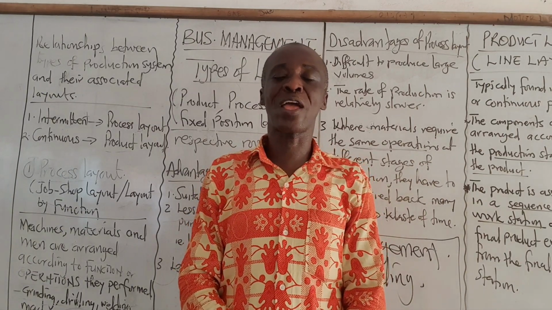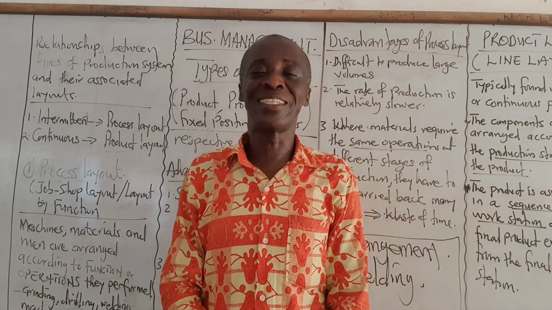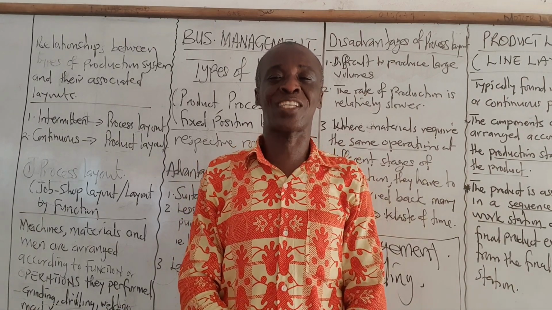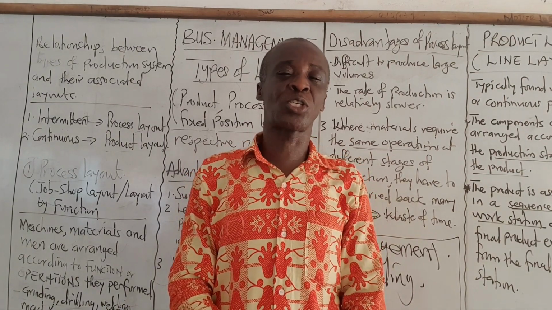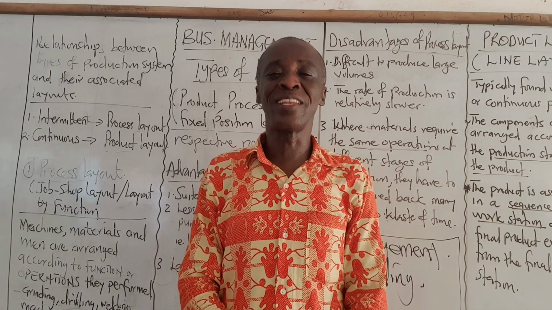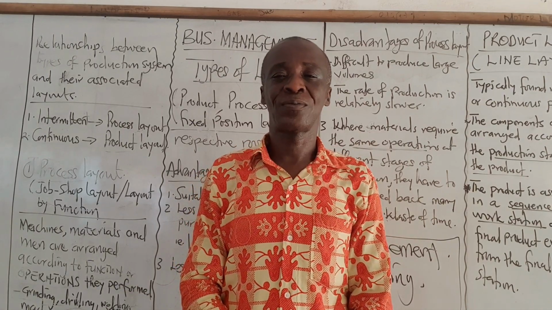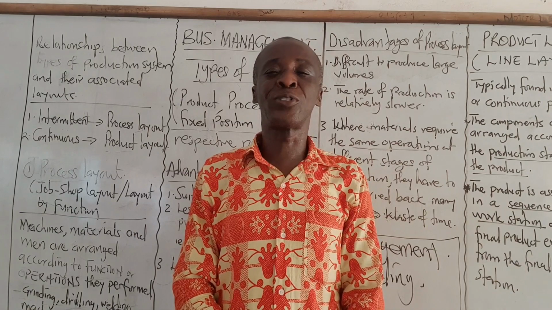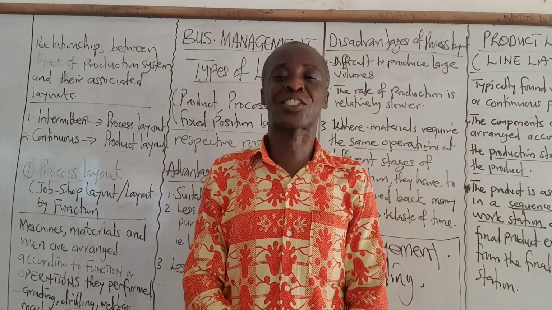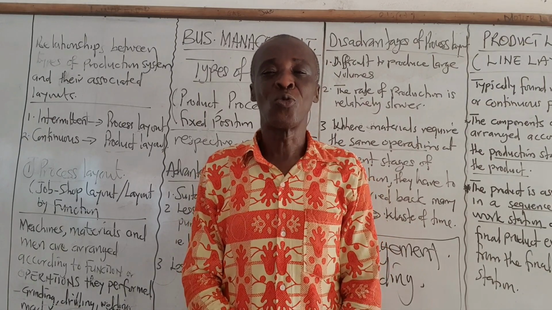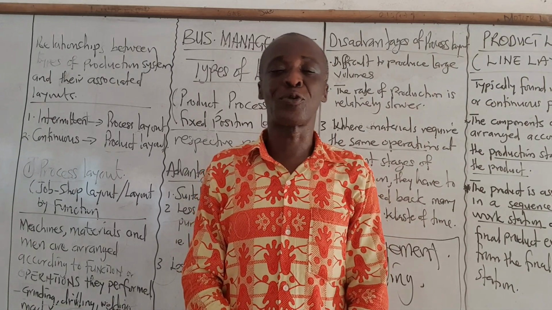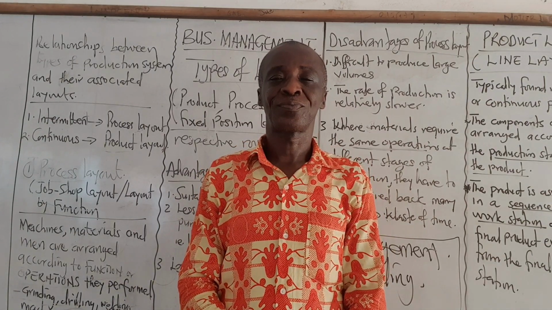Then we said when you are using the intermittent production system, the type of layout that is associated with it will be the process layout. When you are using the continuous production system, the type of layout that you'll be using will be the product layout.